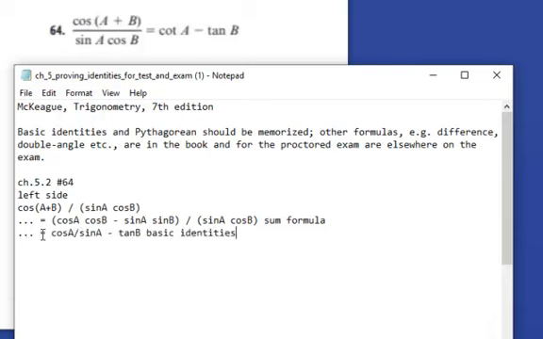So the next line looks like this. So here's that minus tangent B, and then in front I have cosine A over sine A after the rest divided out. And this one here then would be 1 over tangent or cotangent. So as I type that on here, that's how it would look like. So cotangent A minus tangent B.